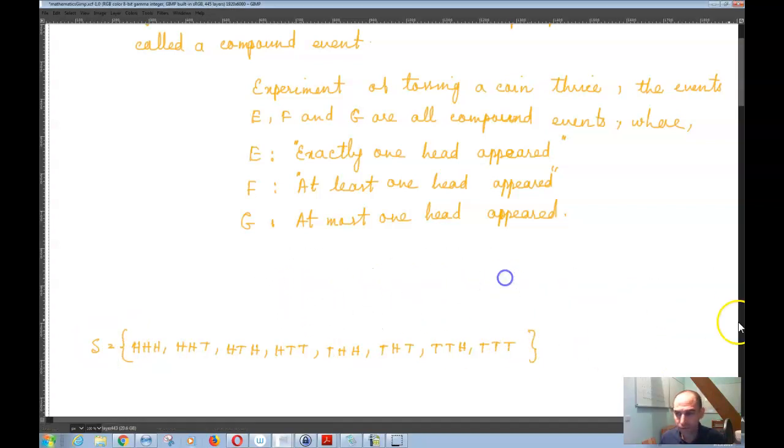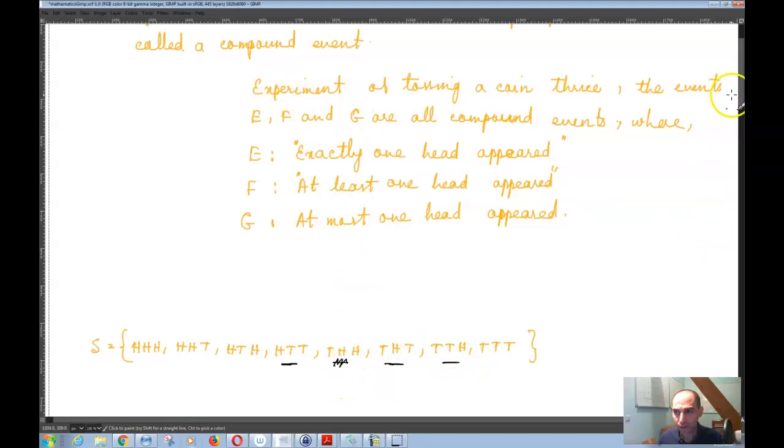Here we said that exactly one head appeared. So in this sample space, exactly one head would be not this one, it would be this one here and this one here.